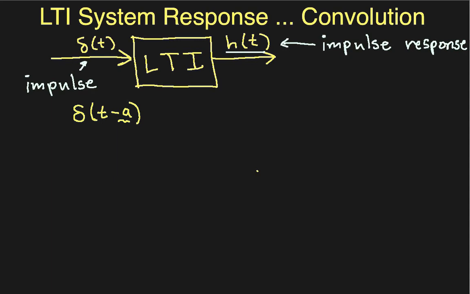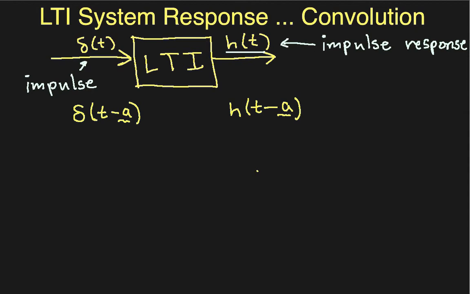And by the time I'm done, I want everybody to be as confused as possible. So anyway, if I put a delta function shifted by an amount a in, I get the impulse response shifted by that same amount a at the output. That's because the system is time invariant. So this is one of the important things we're going to use.